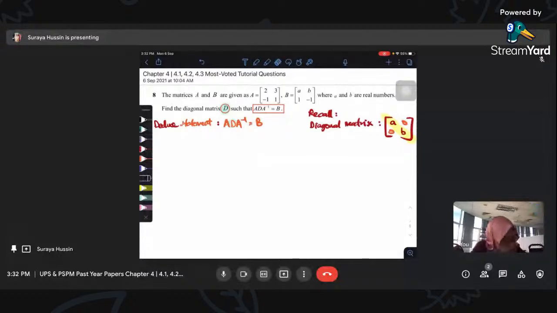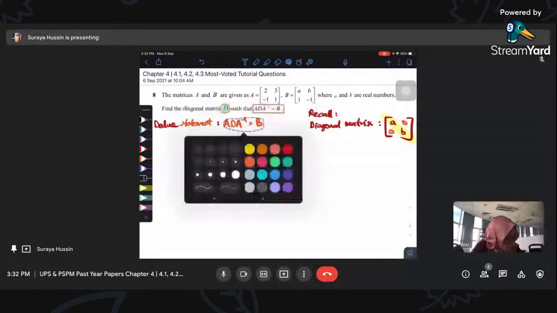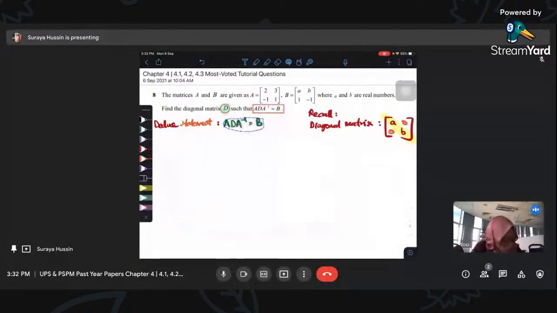I want to change this into green color so that I can use red color. So now I want to put A at the back.